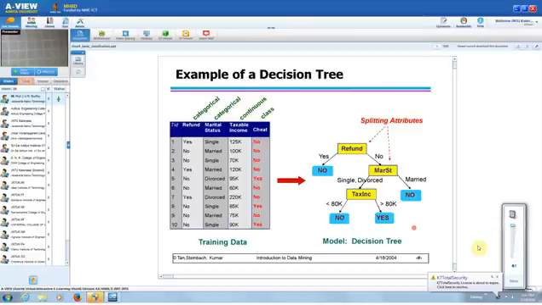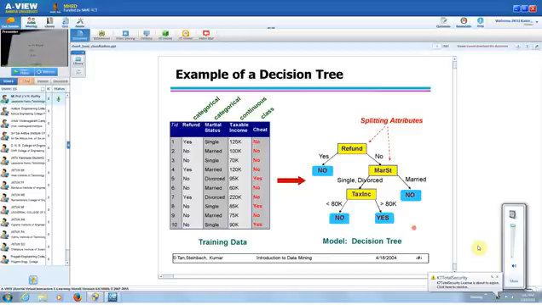Another one: tax refund is there. Okay? He is divorced. Income is 100k. Is he a cheat or not a cheat?